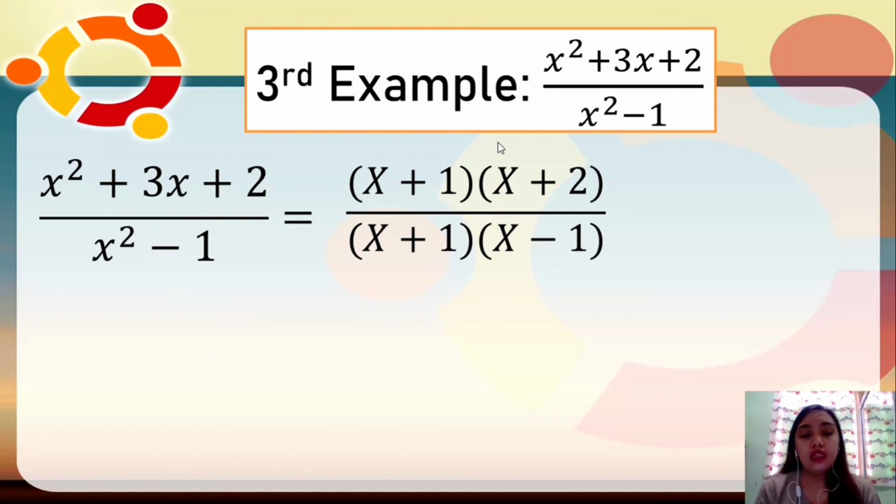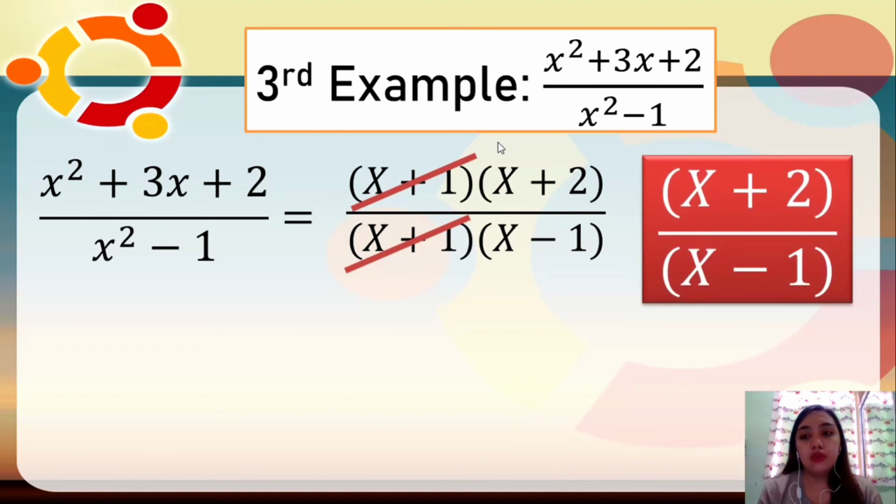In this case, ano yung parehas na mayroon sa numerator at nasa denominator? Siyempre, ang x plus 1. So, ano na po ang natira? Meron pa po bang x plus 2 sa denominator? At meron bang x minus 1 sa numerator? Siyempre, wala. So, the final answer is x plus 2 over x minus 1.